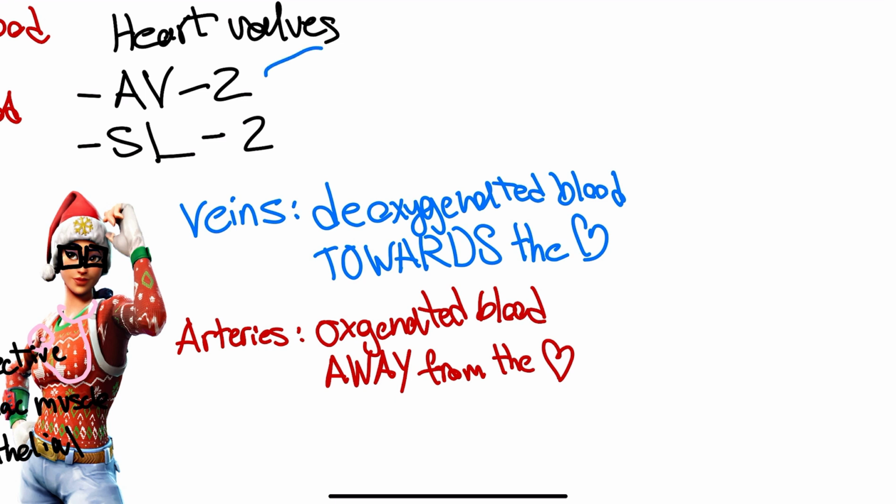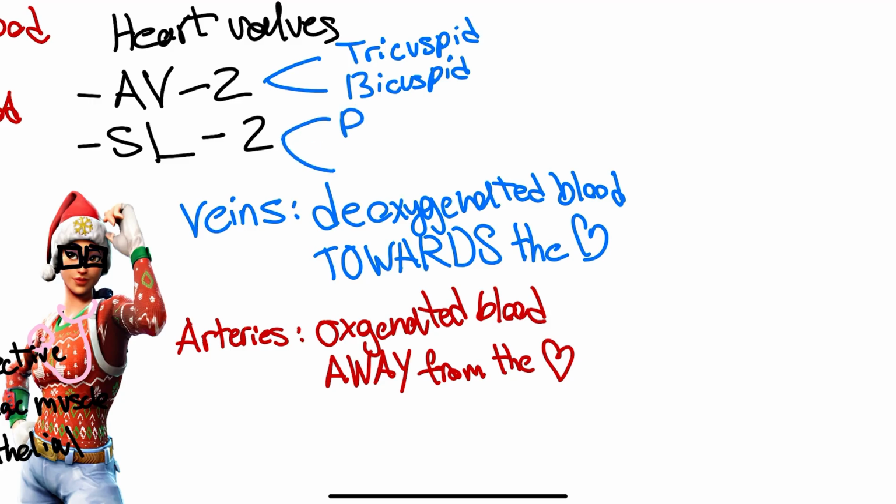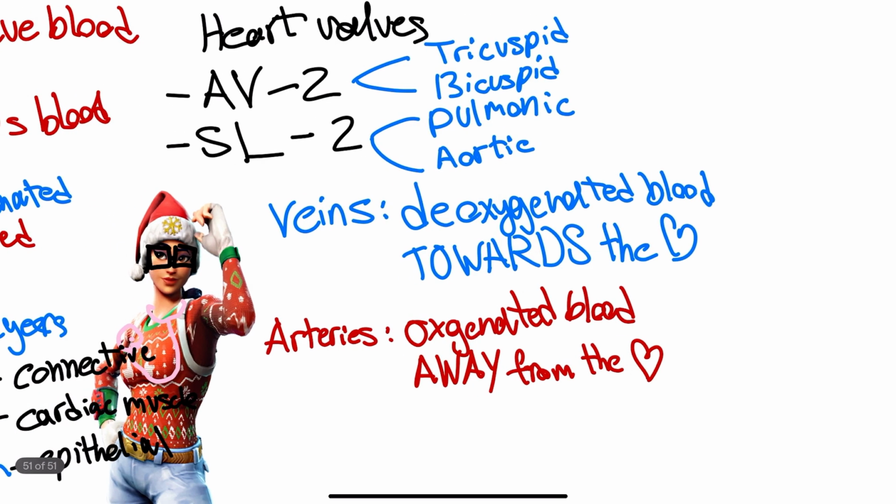Now, the two are going to be your tricuspid and your bicuspid. And then the semilunar ones, they are called the pulmonic valve and the aortic valve. So those are your heart valves.